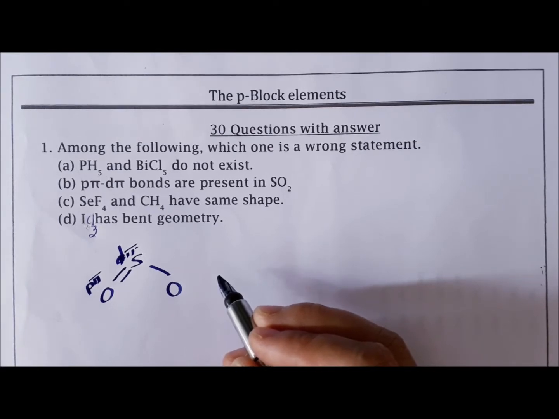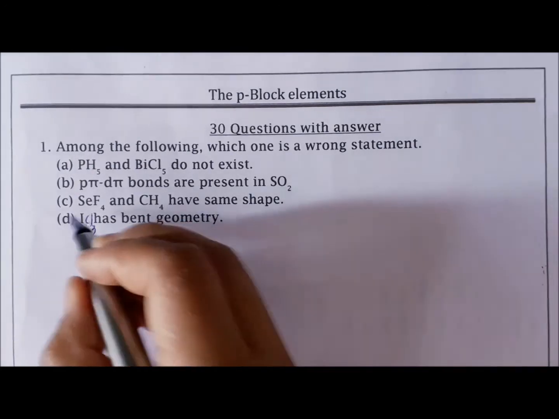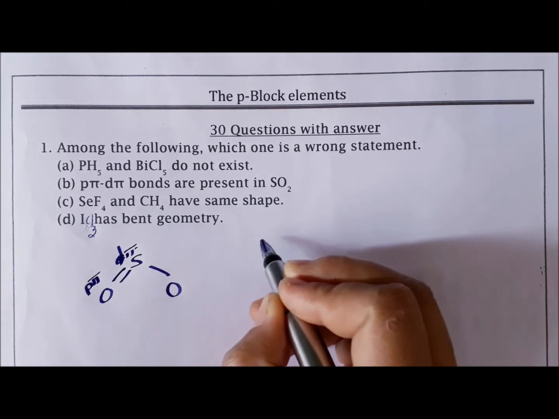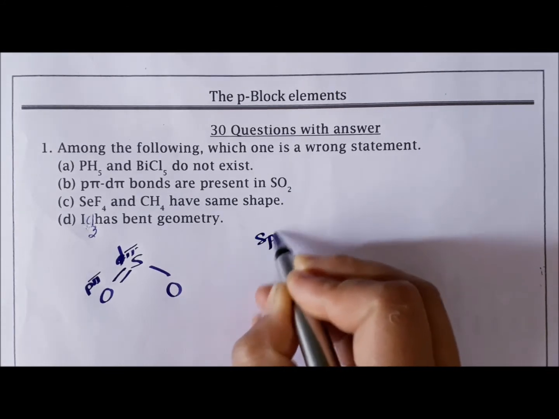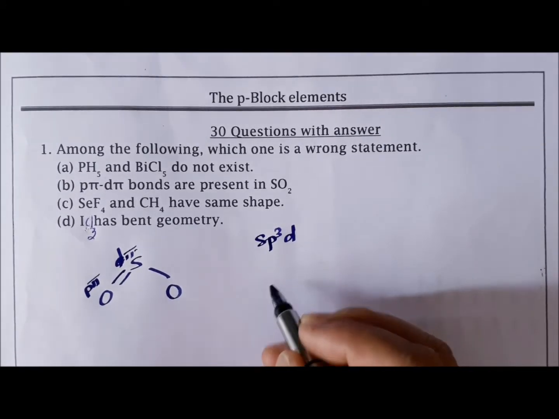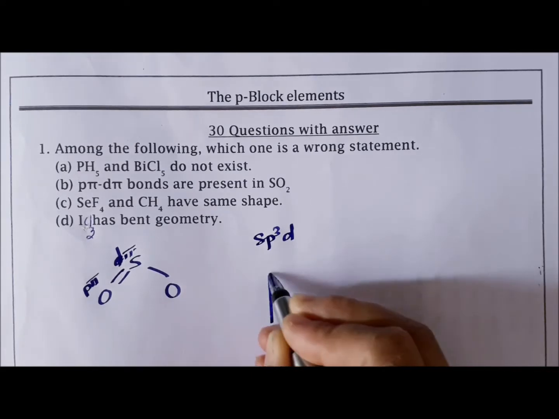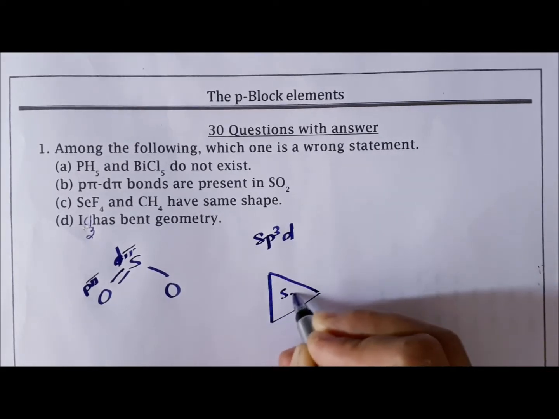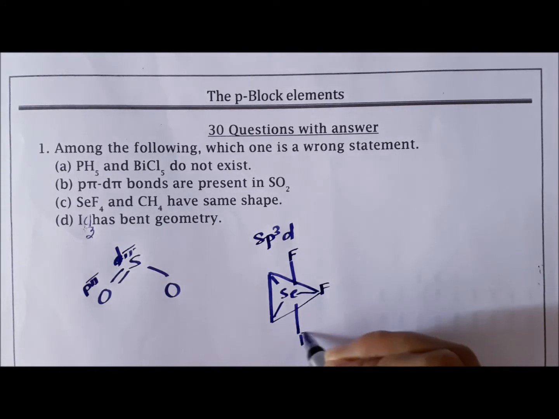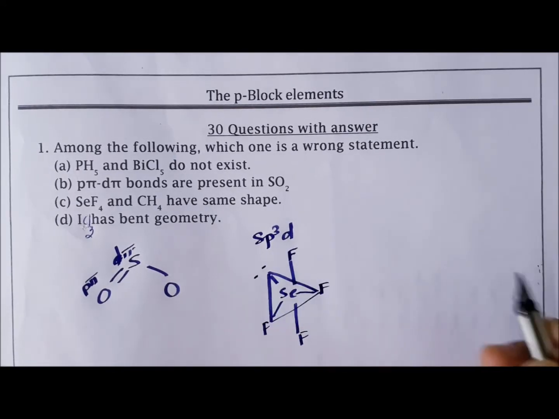Then C, SeF4 and CH4 have the same shape. If you see the structure of SeF4, it will have the hybridization state sp3d. So Se, F, 1 2 3 4, and there will be a lone pair.